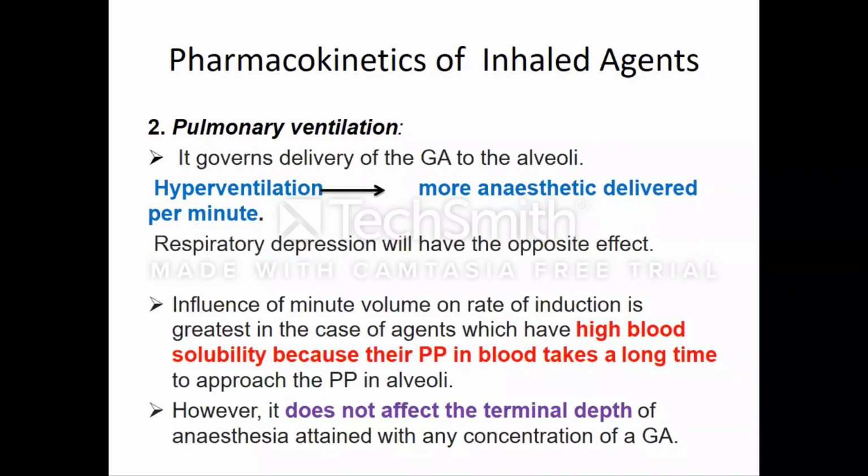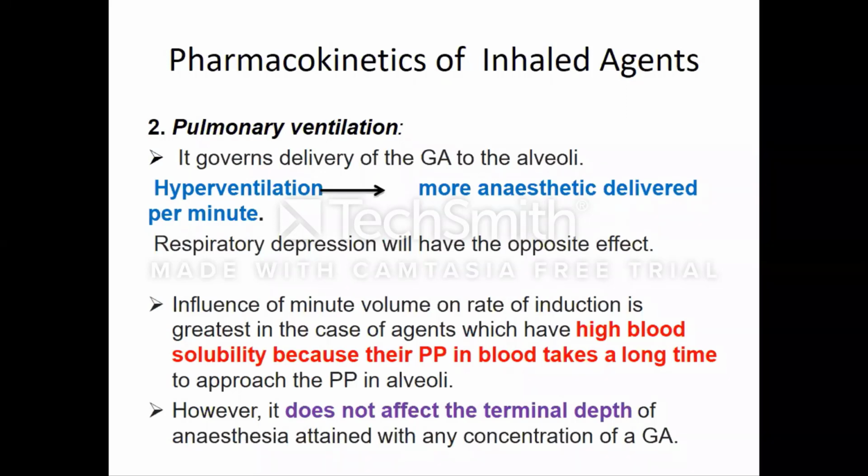Now there is also an influence of the minute volume on the rate of induction. It is greatest especially in those cases where there is a high solubility of the general anesthetic in the blood, because when a general anesthetic is highly soluble in the blood, its partial pressure takes a longer time to approach the partial pressure in the alveoli.